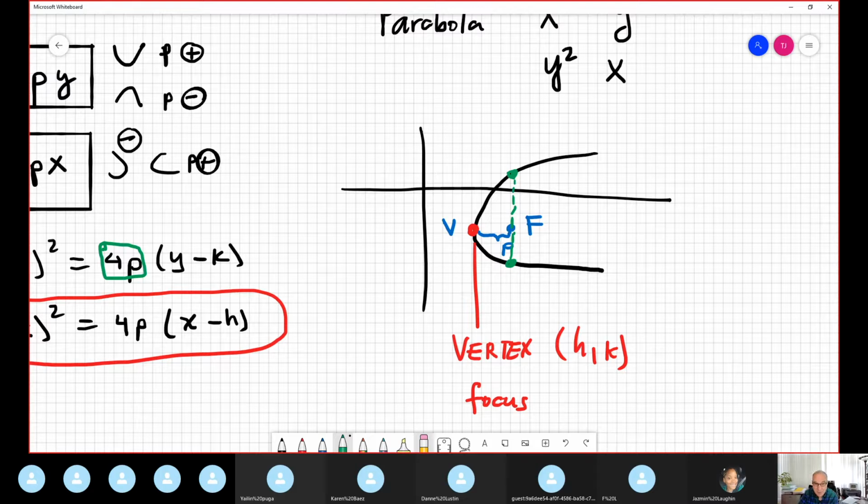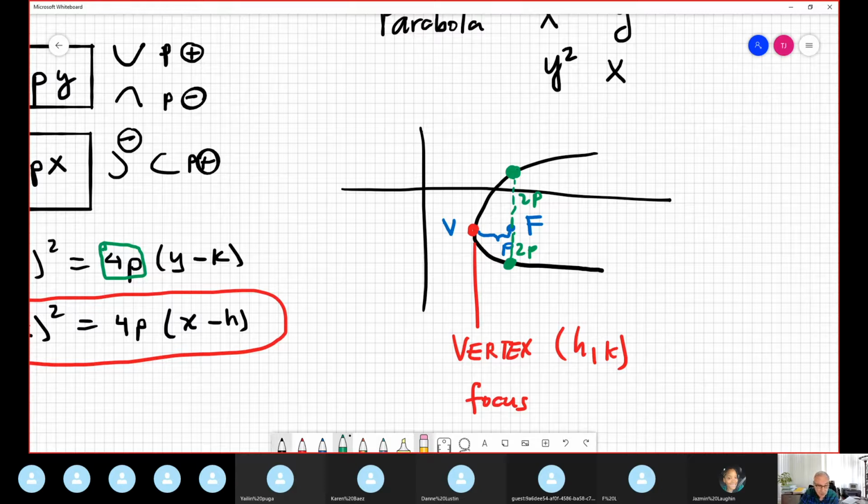Now, half is 2p. To find the components of this point and this point, from the vertex, you increase, in this case because it's horizontal, in the other case, no, you increase the y component by 2p up and 2p down.